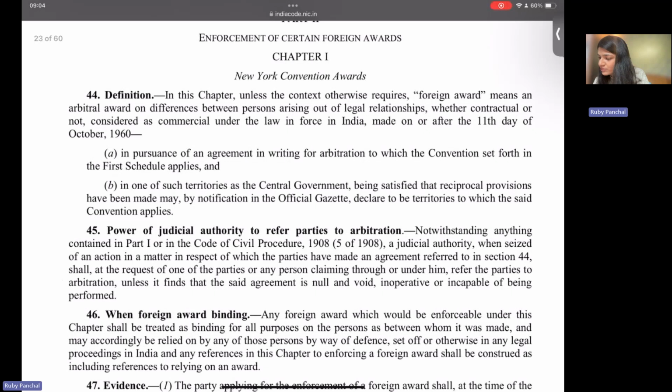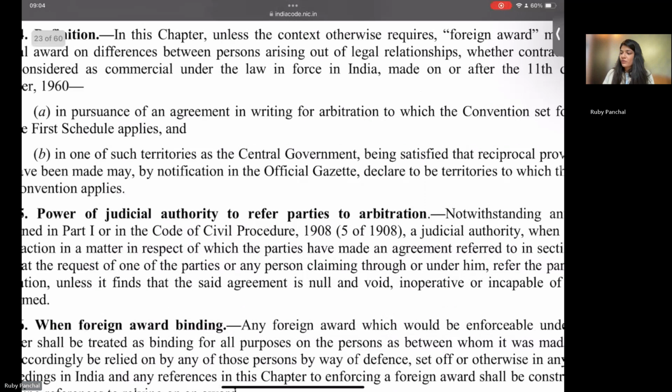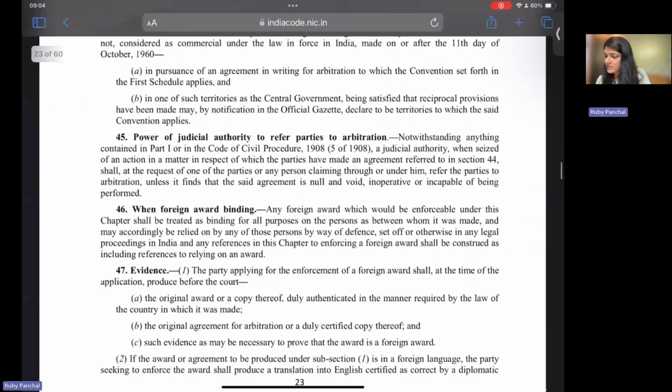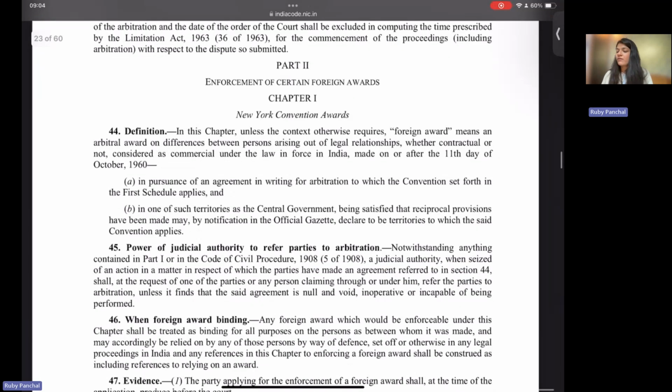Be it Section 44, let me see if I can highlight it for you on the screen. Apparently, I'm unable to do that. Never mind.